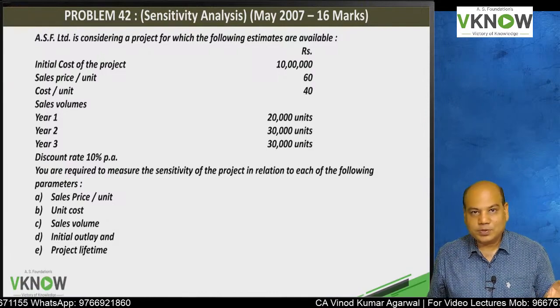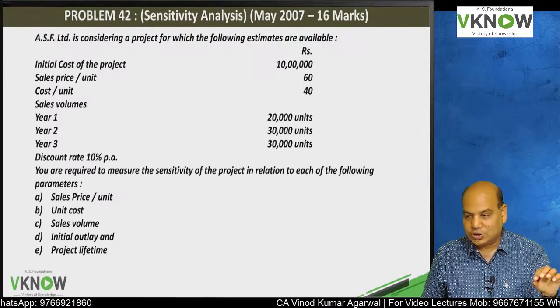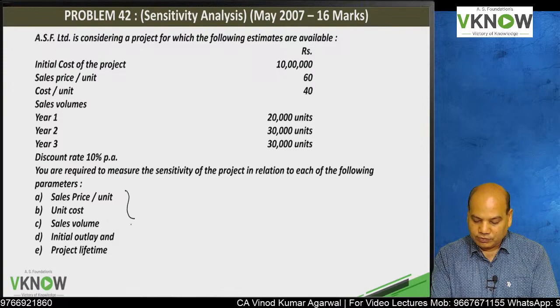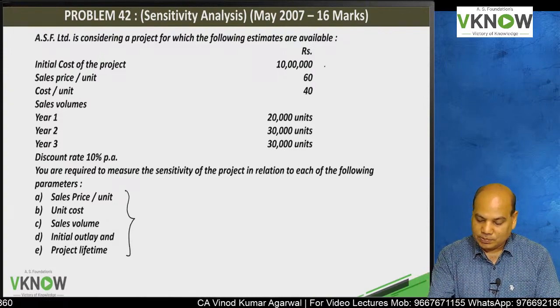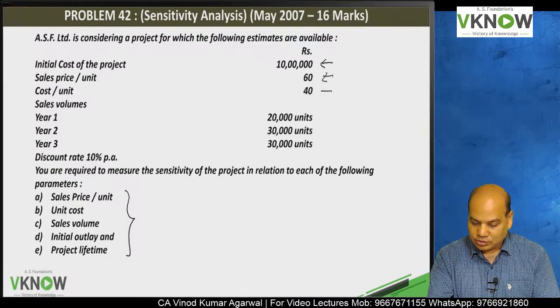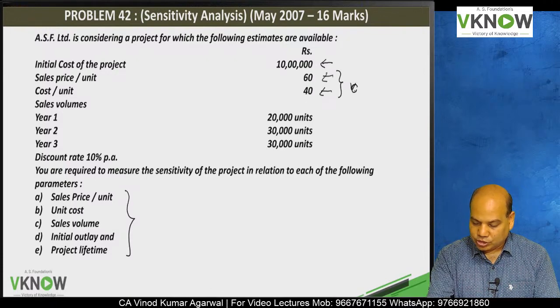So in the previous problem they had done the cash flow calculation and given it to you. Now this time you have to do it. That's the difference. And there are more variables to be tested this time. Your initial project cost is 10 lakh, selling price 60, cost is 40. So can I say contribution?